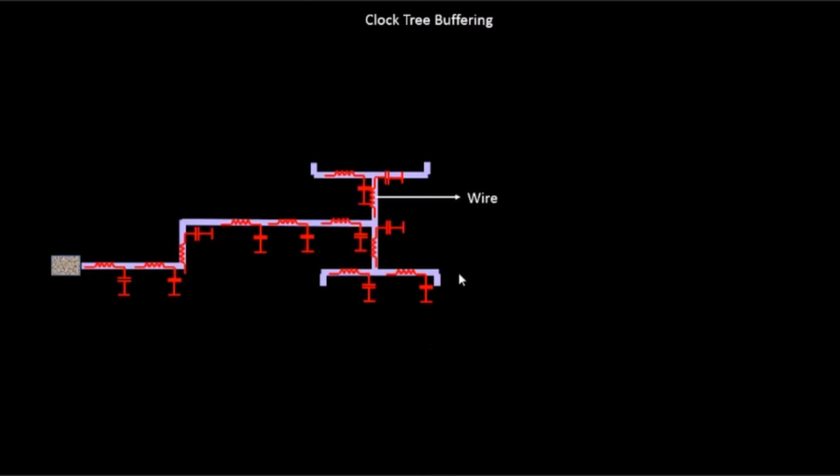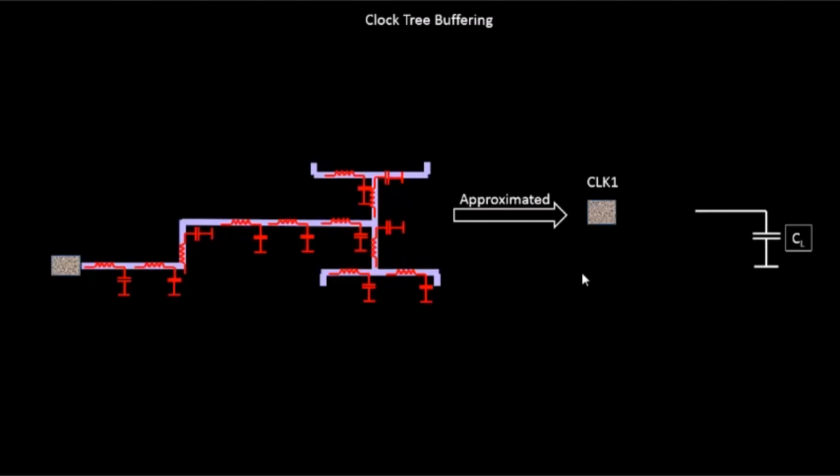So let us try to break these three parts into three different sections. We will approximate this section as follows: first we have the clock port over here. Next we have the load, which is nothing but the input capacitance of the flip-flops present over here. So that will determine the load.